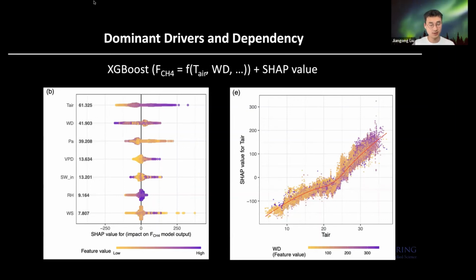This model is called extreme gradient boosting, and we can also use a local explainer, called Shapley value, to explain why the model performed like this. We find that the dominant driver of methane is air temperature, and methane fluxes have a basically linear relationship with air temperature.